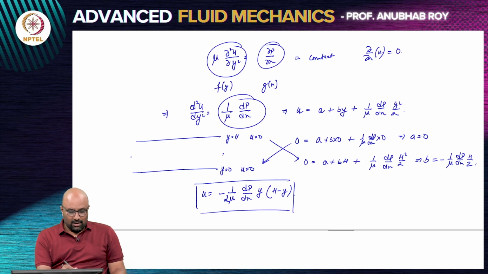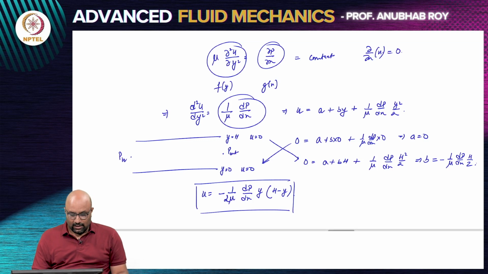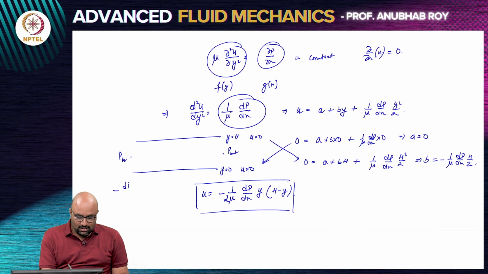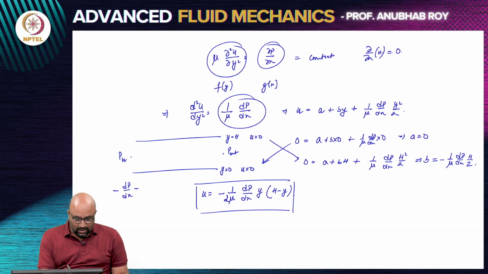So if now you say that I have a higher pressure here, so P inlet is higher than P outlet, that means my minus dP/dx is a positive quantity, because this would be P in minus P out by the length.